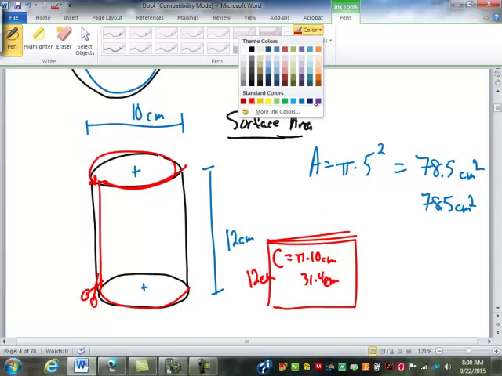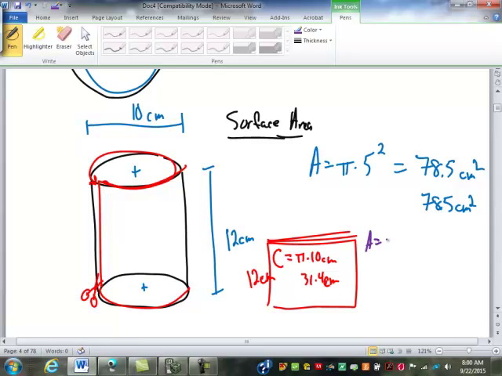So that area is 12 centimeters times 31.4 centimeters, which is going to give us, what, 376.8?